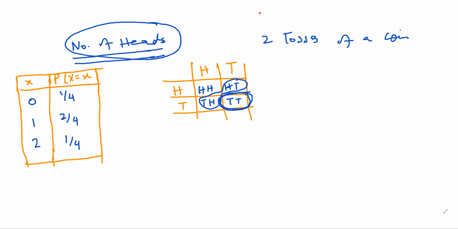Okay, let me give you one more example. Suppose the question is that you are rolling a die twice. This can be 3 times, 4 times, even n times. But since I am starting, I'm going to start with the easier examples over here.